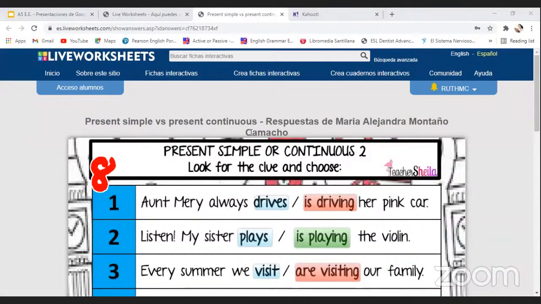And then you're going to be doing another practice of just the simple present. All right. Let's see what happened.